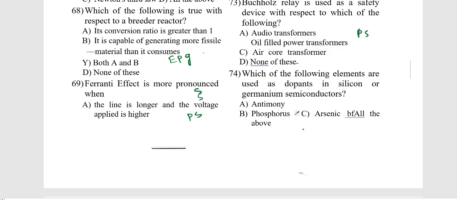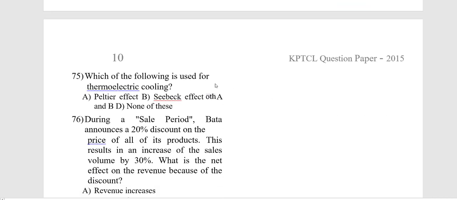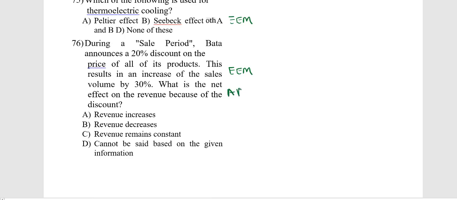And this one belongs to analog electronics, or we can consider basic because we studied this in second PUC or in first sem basic electronics. Again thermoelectric, this one electrical engineering materials, this one APT.